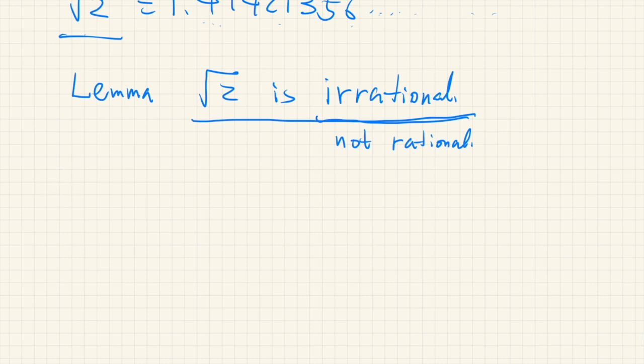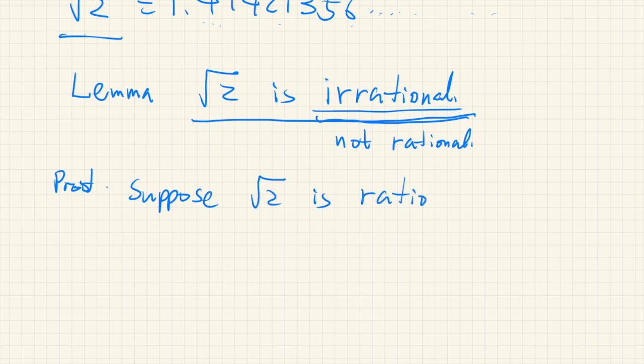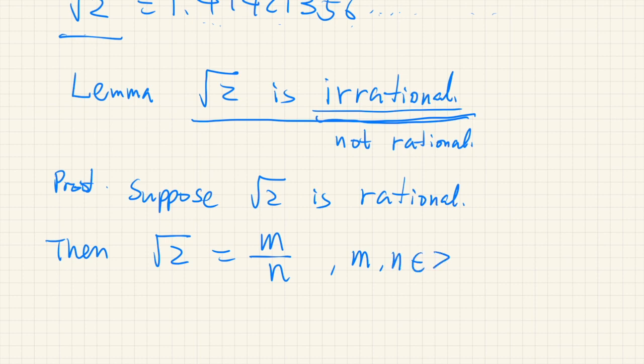So here's the proof. In order to prove by contradiction, we first assume the negation of this. So suppose square root of 2 is a rational number. Then square root of 2 can be expressed as m over n, where m and n are integers and n is not equal to 0.